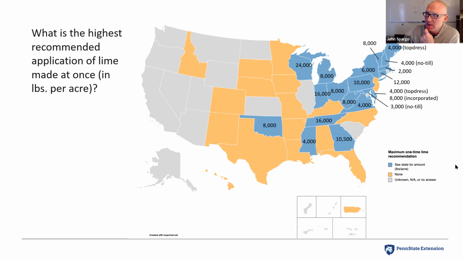I know specifically for Pennsylvania, this is not 10,000 pounds of calcium carbonate equivalents, that's 10,000 pounds of actual material. So if we give you a lime recommendation, say of 5,000 pounds of calcium carbonate equivalents, but you're going to work with a material that's only 50% calcium carbonate equivalents, well, then that's going to meet your cap. We're not going to recommend applying any more than that.